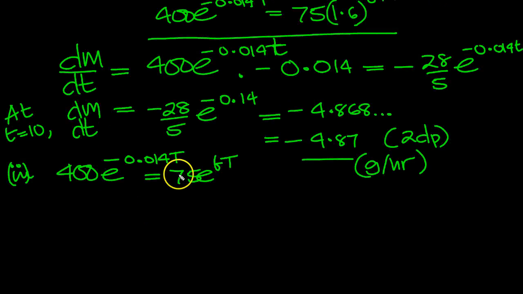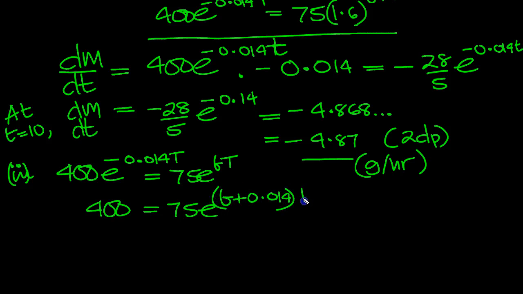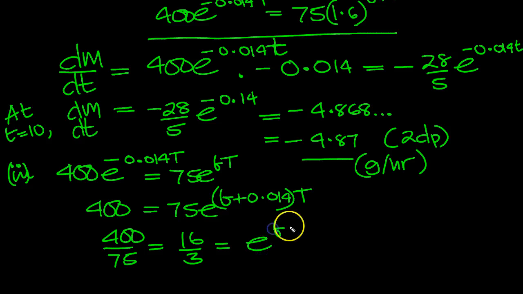So that then tells us if we move this over there, times by this, both sides, 400 over 75, which is 16 over 3, isn't it, is equal to e to the (b plus 0.014) times t.